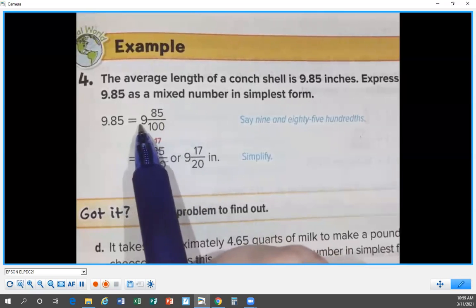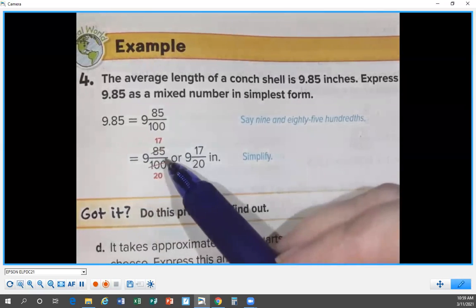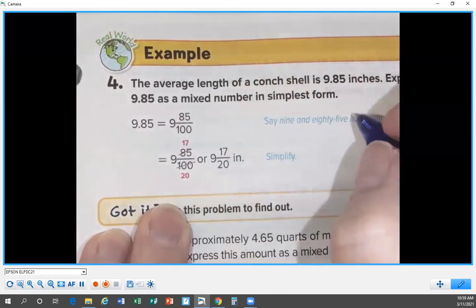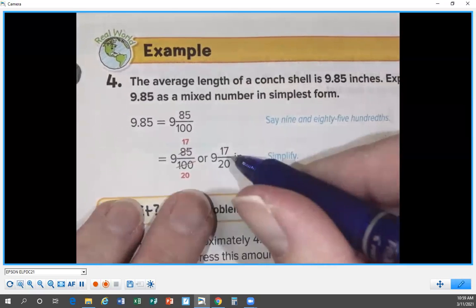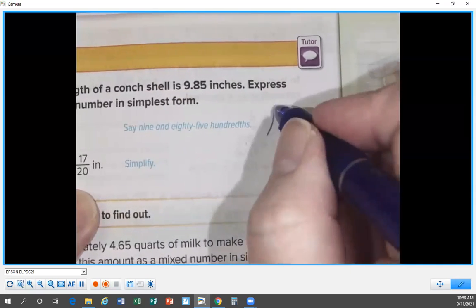When we write it as a fraction, 9 85 over 100. So let's see, 85 and 100, let's leave the whole number, it's going to be the same. So there's our 9. So when we think of our 85, we want to divide that by 5, we get 17. 85 divided by 5 will give us 17.